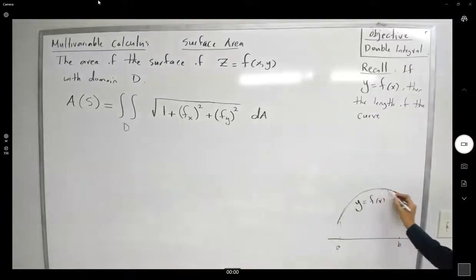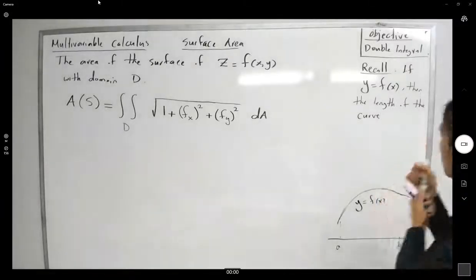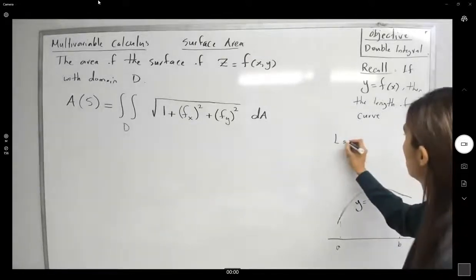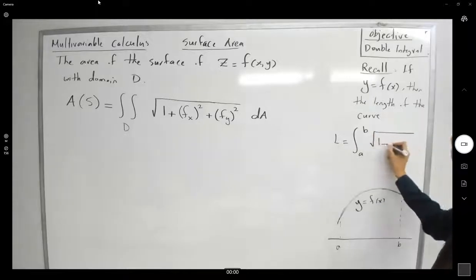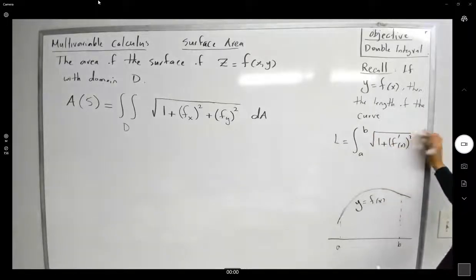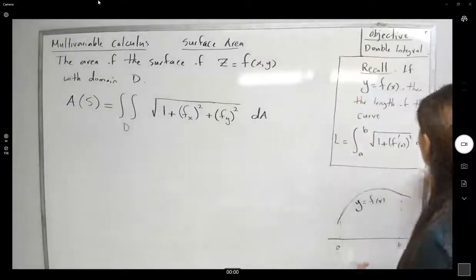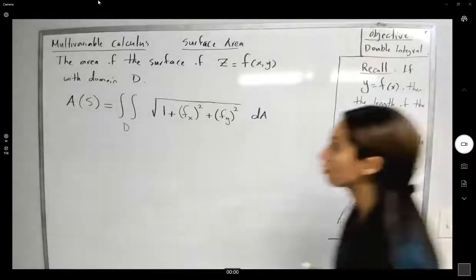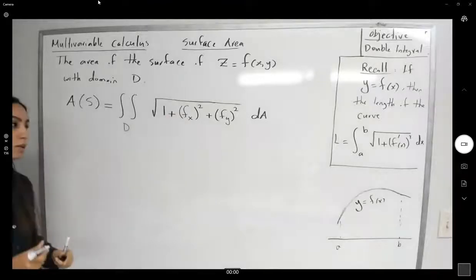It is defined as L equals the integral from a to b of the square root of 1 plus the derivative raised to the second power, dx. So we can generalize this formula and use it for the area of a surface using double integral.